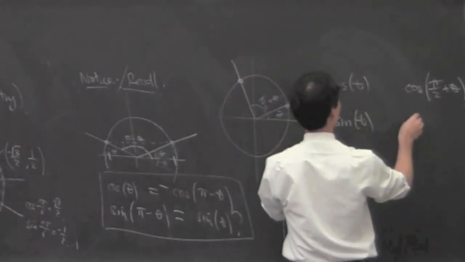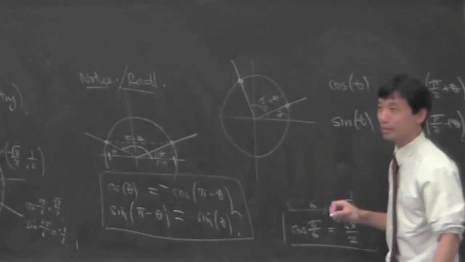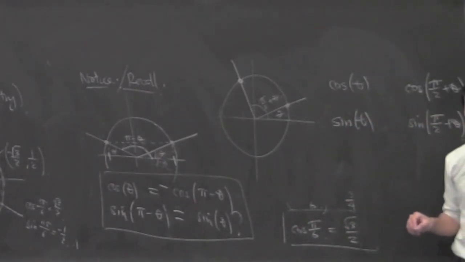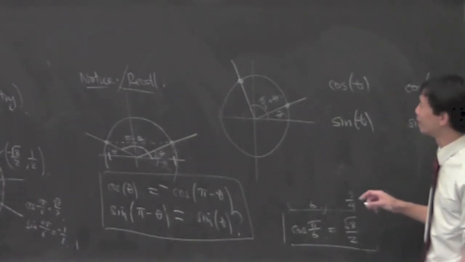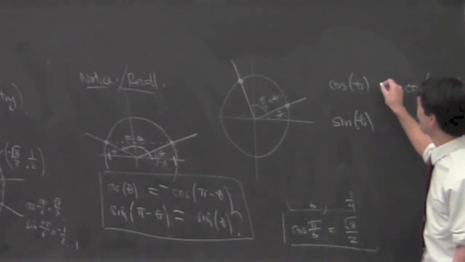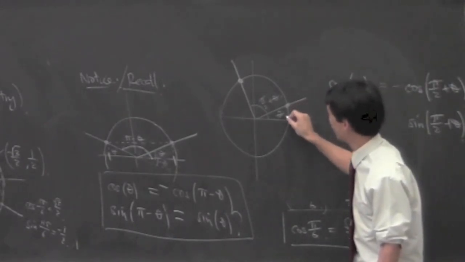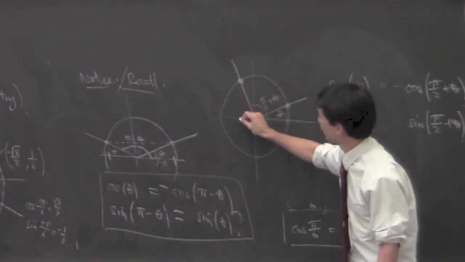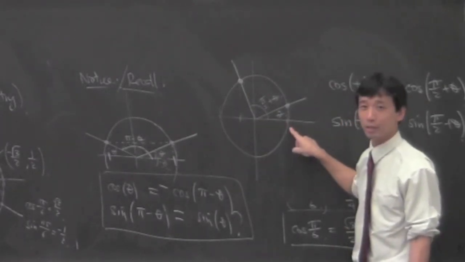Sine of theta and sine of pi over 2 plus theta. Make a guess. Are you saying the cosine of this one is negative the cosine of that one? No, it's not.